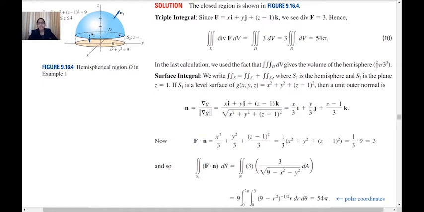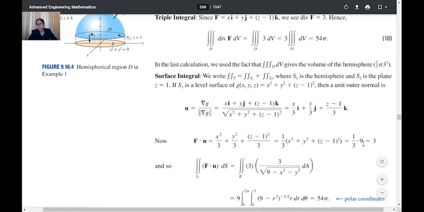Now we'll determine F dot n. F is the same thing itself, so F dot n will be x²/3 plus y²/3 plus (z minus 1)²/3. We can simplify it to 1/3 into (x² plus y² plus (z minus 1)²), which is 1/3 into 9, that is 3.